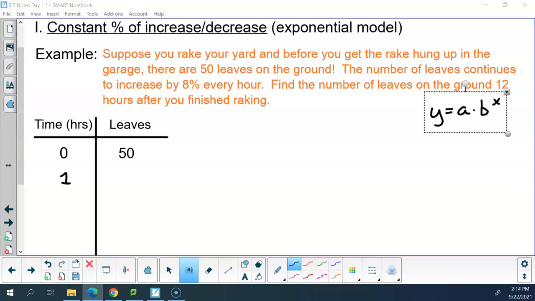Do we agree with 54? Yep. I would agree that there are 54 leaves on the ground after 1 hour. How many are on the ground 2 hours later? 58.32. Okay. How did you come up with that? Took 54 times 0.08, and then I added it to it.